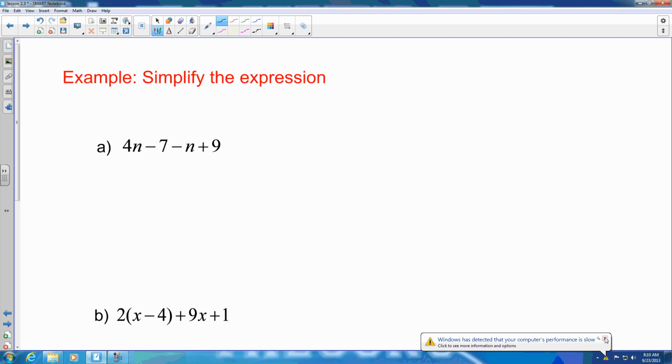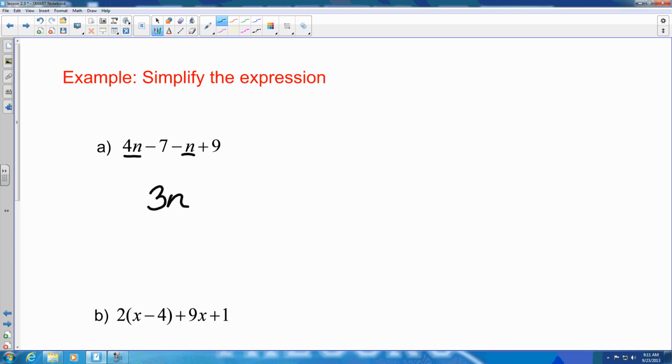So, looking at example A here, I have 4n minus 7 minus n plus 9. So I look at the values with the variables attached to them. So I have 4n and I have a minus n. So I can combine those to be 4n minus n, or 4 minus 1n, which would give me a positive 3n for my like terms.